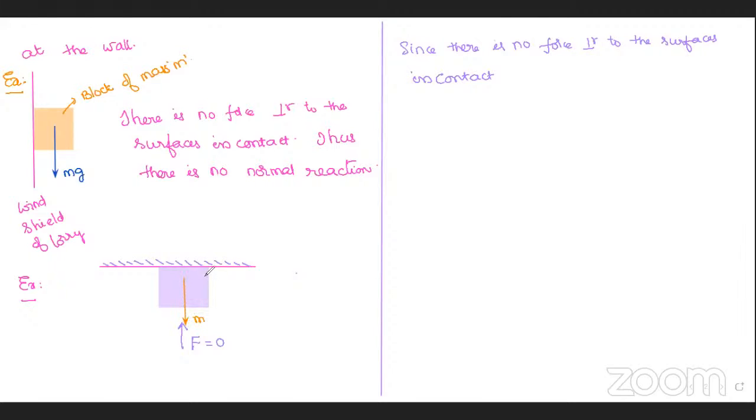So weight is perpendicular to the surfaces in contact, sir. Correct. Towards the surface, any force is there? No force. Therefore, towards the surface, there is no normal reaction.